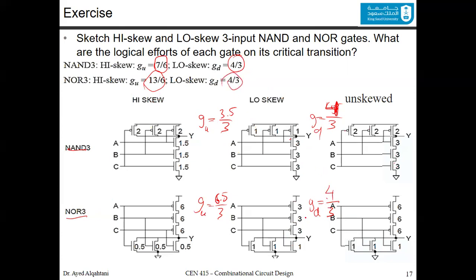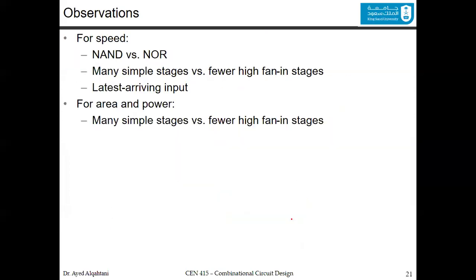This is the way you calculate the high skew and low skew logical effort. Now, here are some observations in general. For speed, for the NAND and the NOR, some people will say the NAND is better than the NOR, but now we have the tools to help us on whatever the design is. You can get the design using NAND, you can get the design using NOR, apply the logical effort and see which one is better.